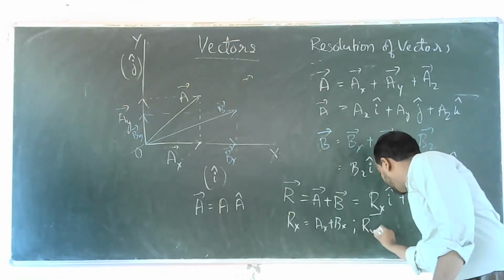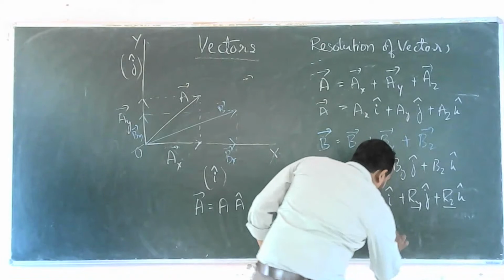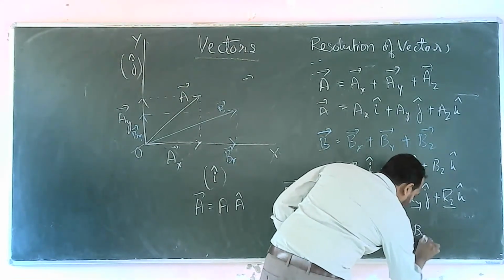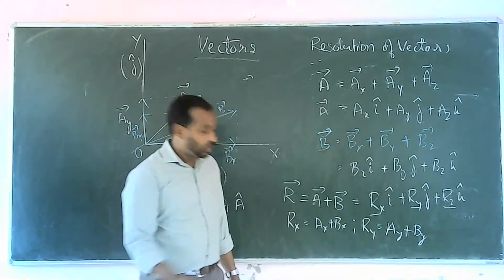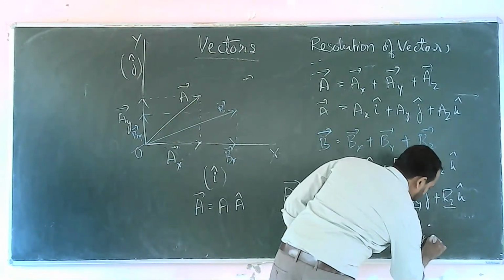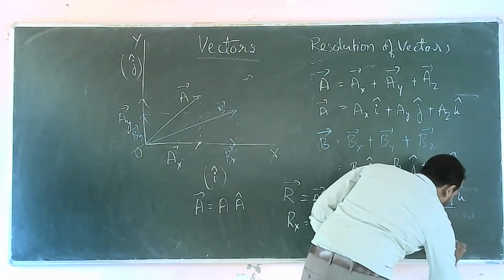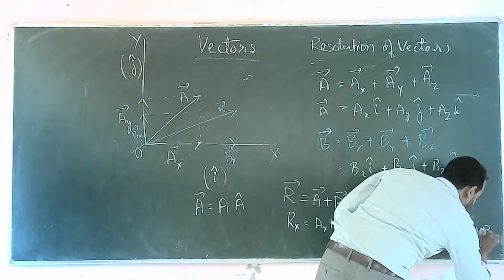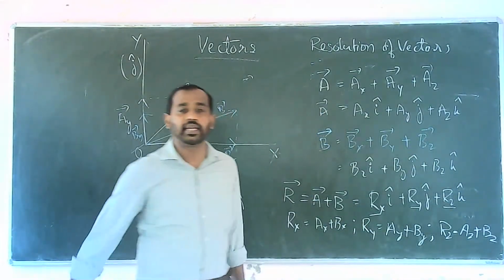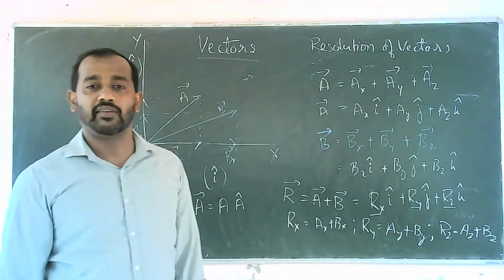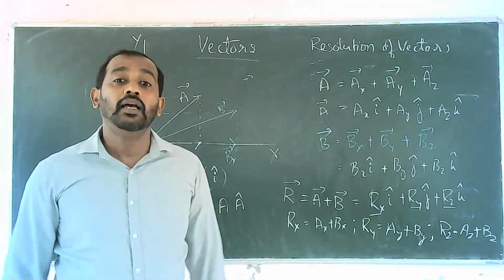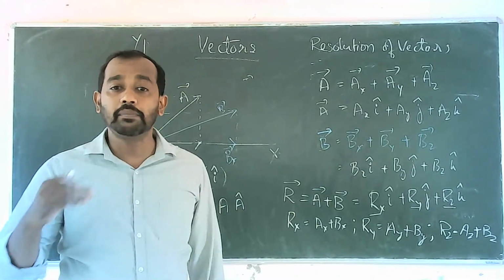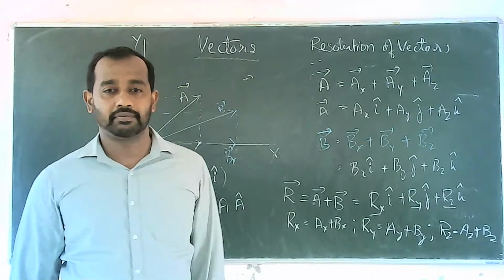The value of Ry is equal to Ay plus By. Rz will be equal to Az plus Bz. So this is how we can write this. That's the resultant vector. That is how we are going to find the addition of two vectors. This method is known as the analytical method.